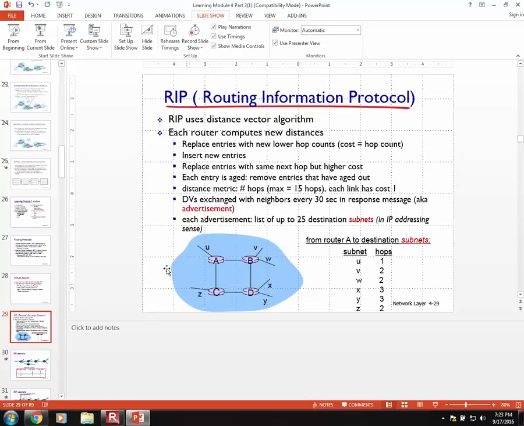Subnet V, I have to go through another router, so that's 2 hops. And you can see, etc., that each of the other subnets in this drawing are either 2 or 3 hops away relative to router A, because you either have to go through 1 or sometimes 2 routers to get to a subnet.